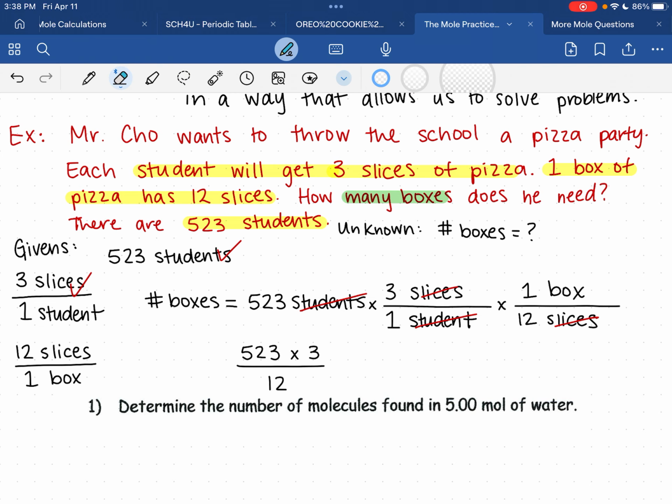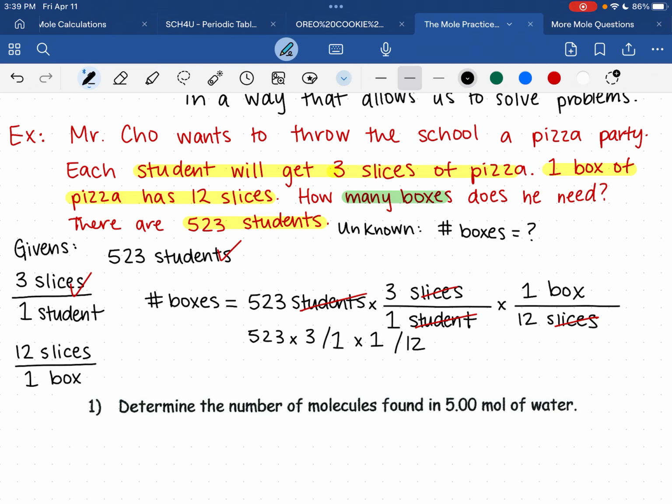You could also put it in with the ones: 523 times 3 divided by 1 times 1 divided by 12. Any of these ways works just fine, as long as you're dividing by the correct number and multiplying by the correct number.